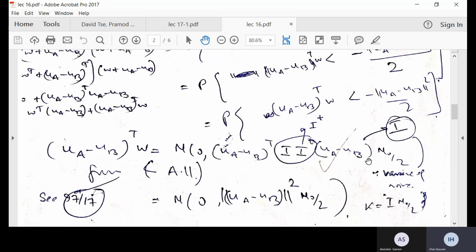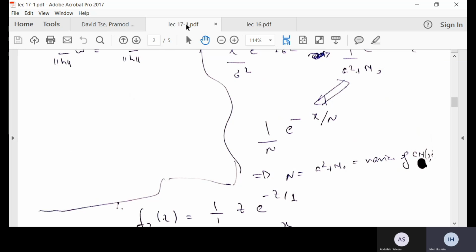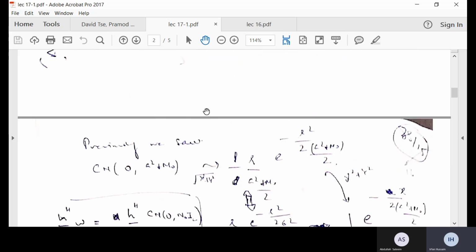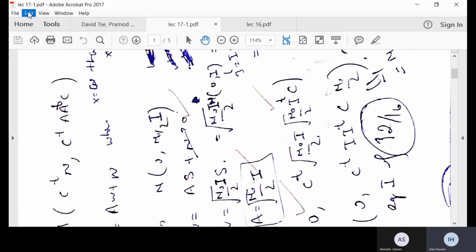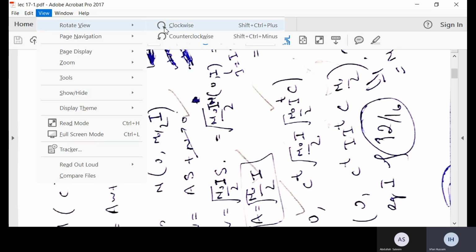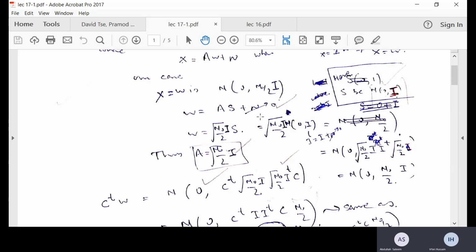Once it is proven, then II gives us an identity, while (UA minus UB) transpose with (UA minus UB) gives us the magnitude square of UA minus UB. But the derivation of this line was missing, so that is what I would like to show.